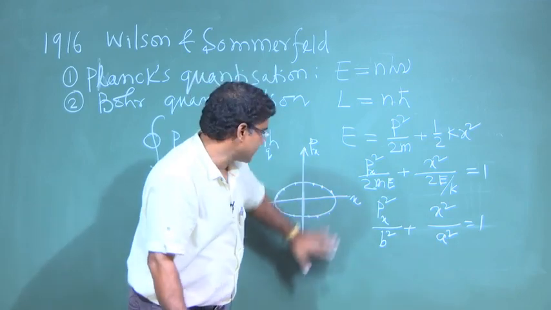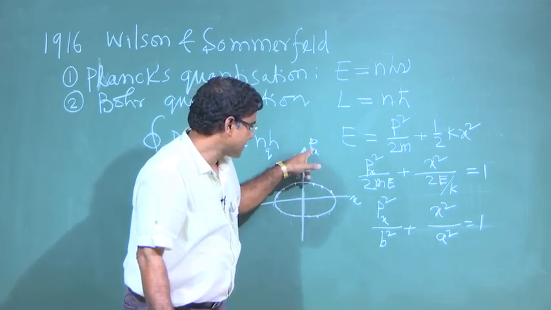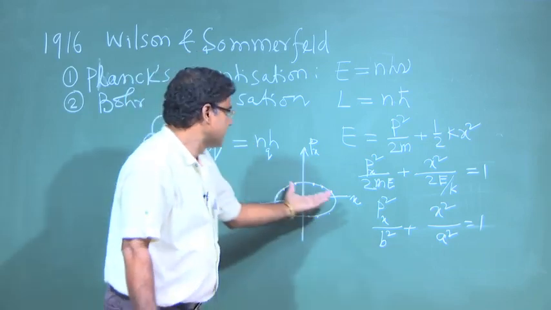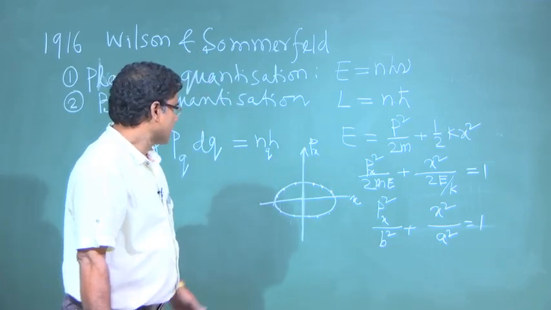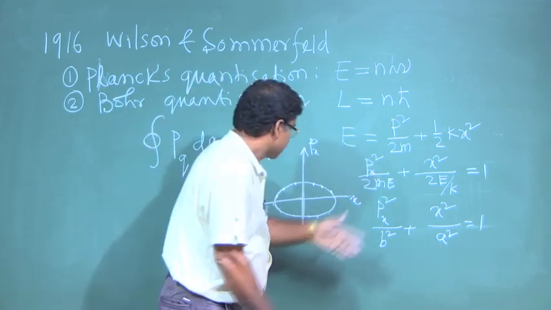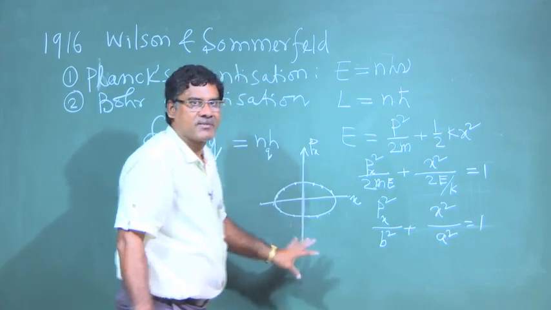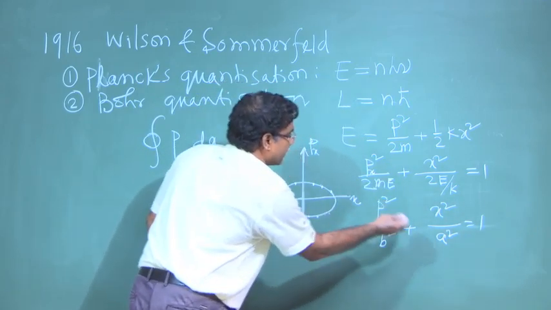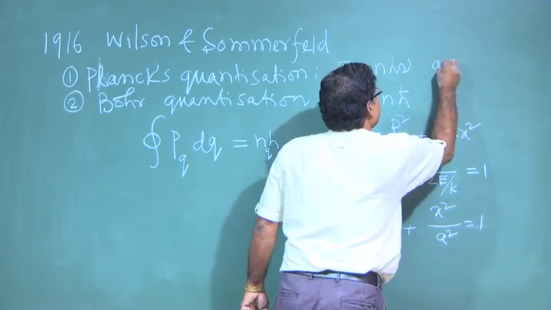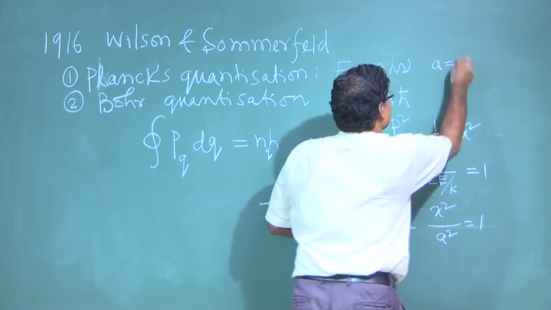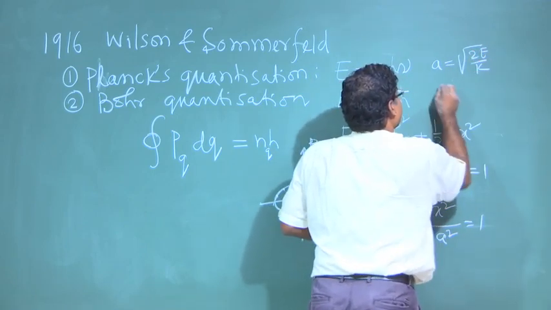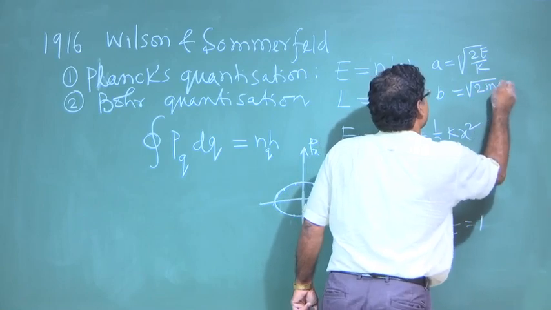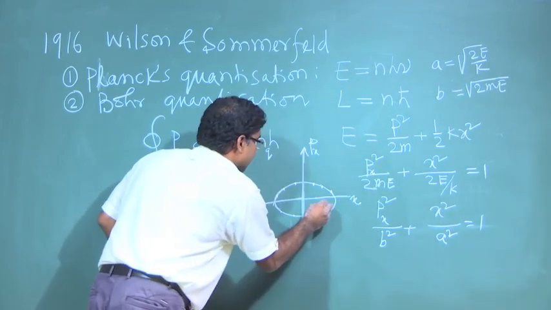So, in phase space using p x and x, we can fix the position of the oscillator's motion. Comparing, A equal to square root of 2E by k, and B equal to square root of 2mE. Here this is A and this is B.